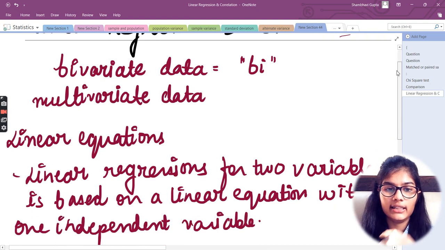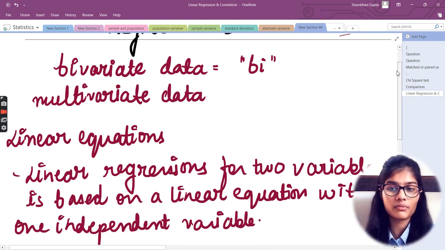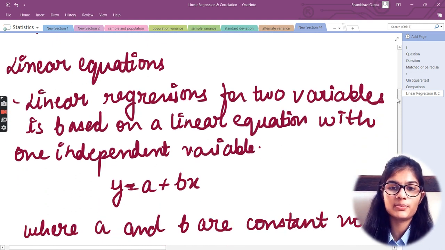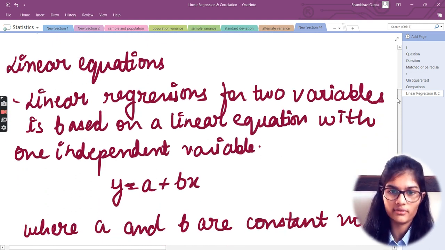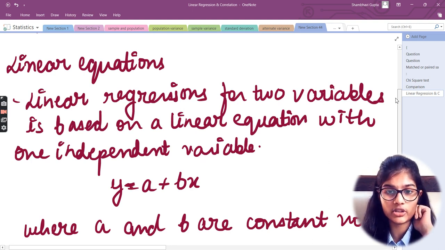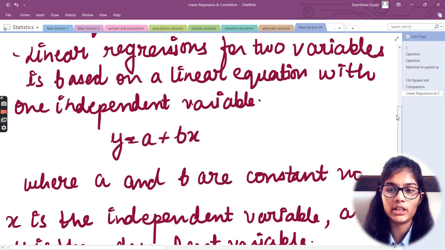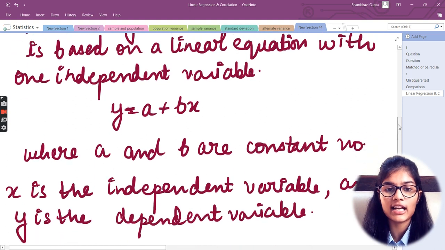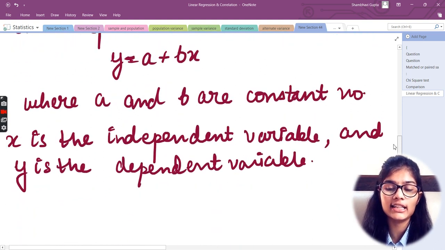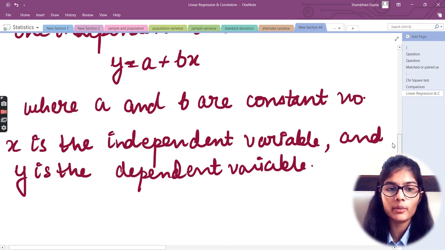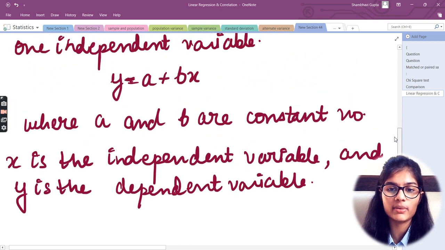The linear regression for two variables is based upon a linear equation, which has one independent variable: y is equal to a plus bx, where a and b are constant numbers, x is the independent variable and y is the dependent variable.